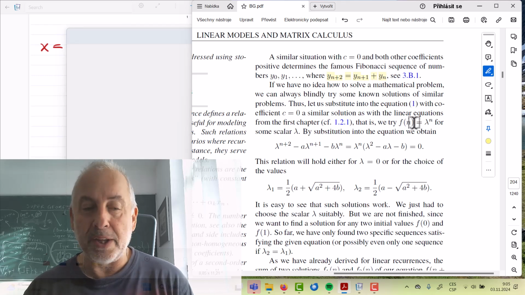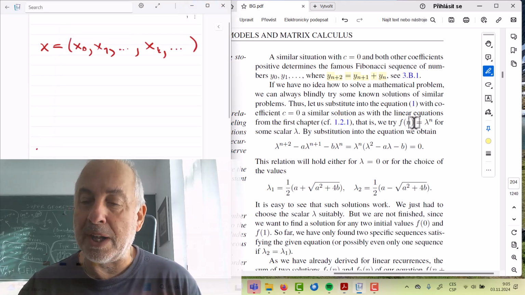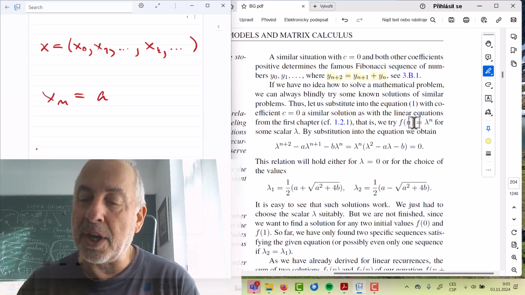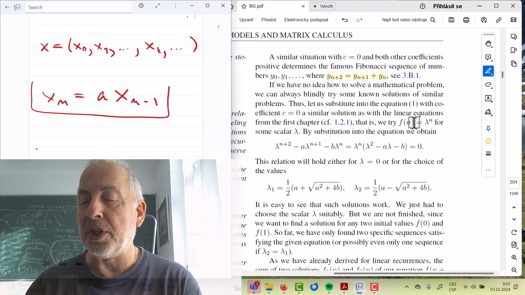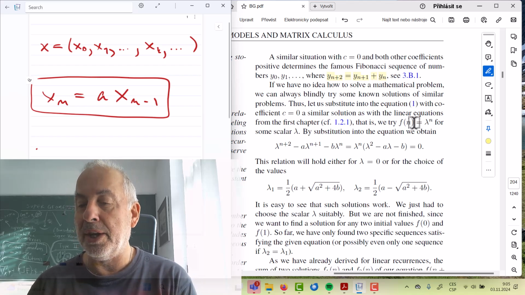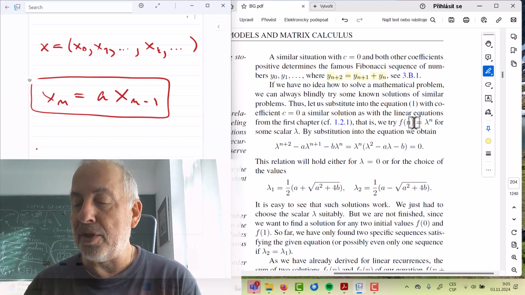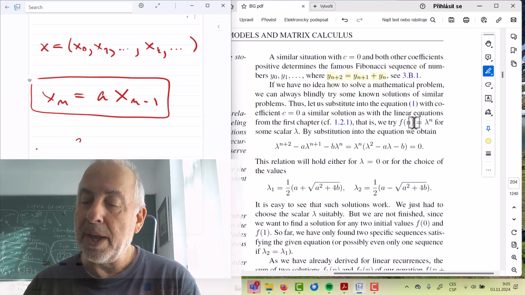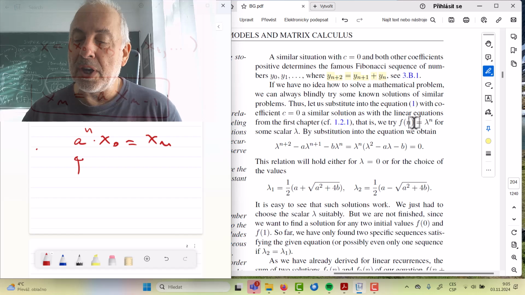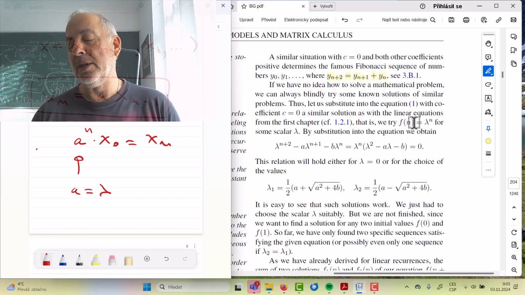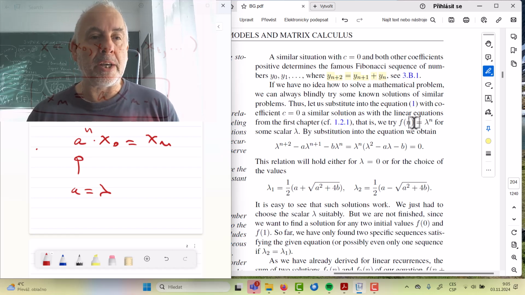We saw that in the case of the Malthusian growth, we had xn equals a times xn minus 1, and that immediately meant that a to the power n times x0 equals xn. So that's easy. So we are seeking some unknown constant, let's call it lambda, and plug it into our equation.